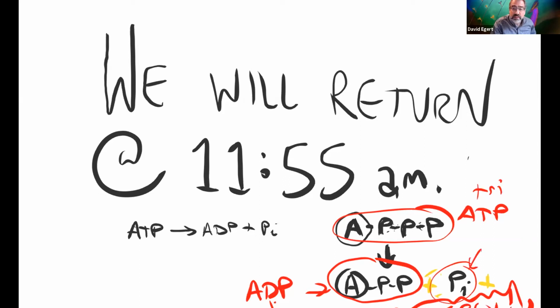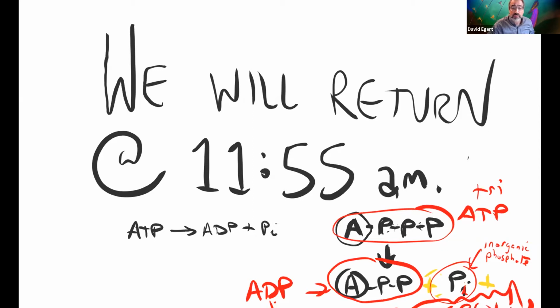The phosphate that has been broken off, since it's no longer connected to an organic molecule, is written P sub i, meaning inorganic phosphate. This is one of the main ways of supplying energy to processes in the body, whether muscle contraction or pumping molecules against their concentration gradient.